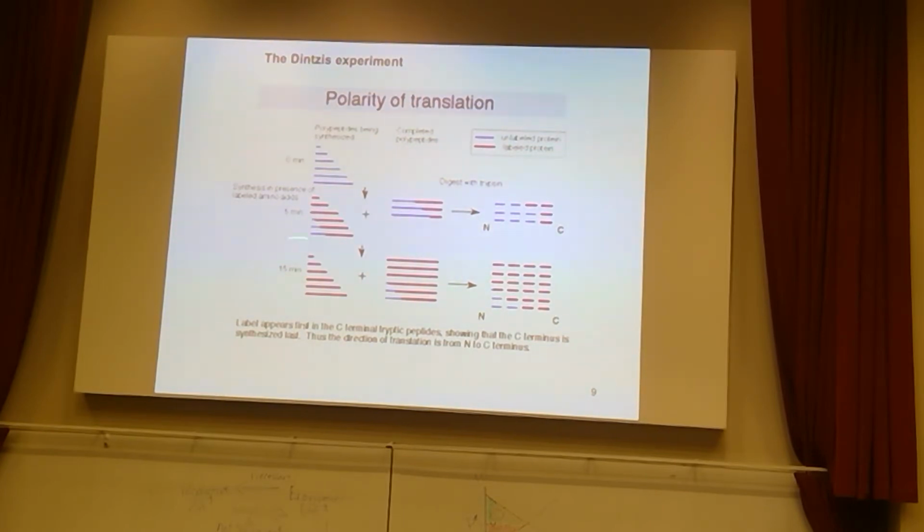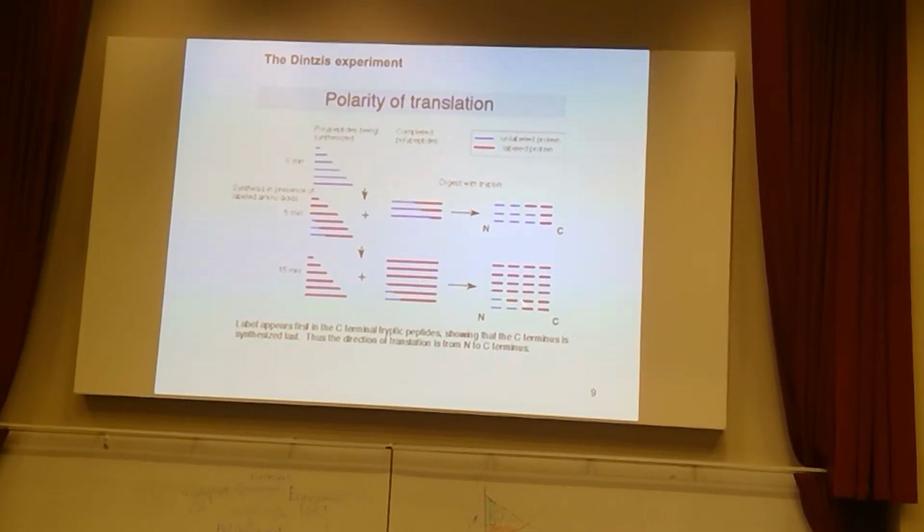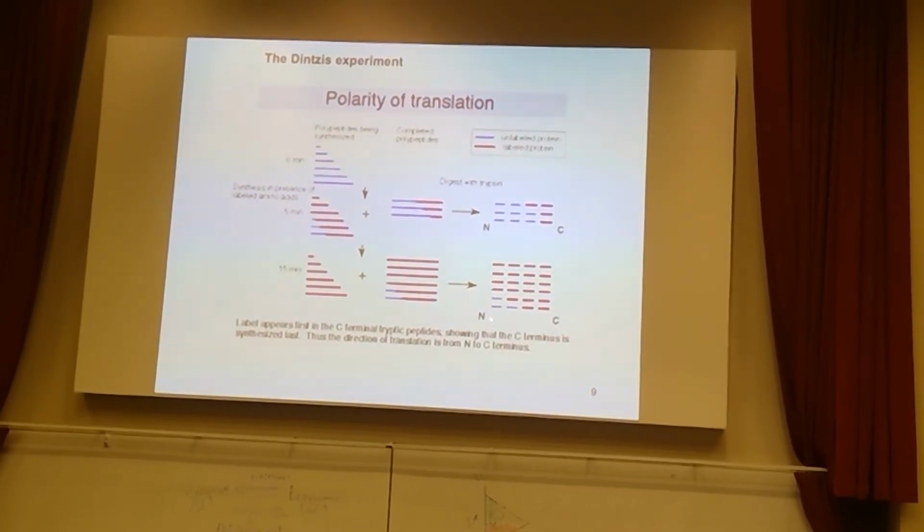And if you allow the time course to go longer, and again fragment the full-length protein products, again, weighted more with the radioisotopic label at the C-terminus, and seeing a little bit of cold peptide fragments towards the N-terminus. Same conclusion. What is made last? The portion of the protein chain at the C-terminus.